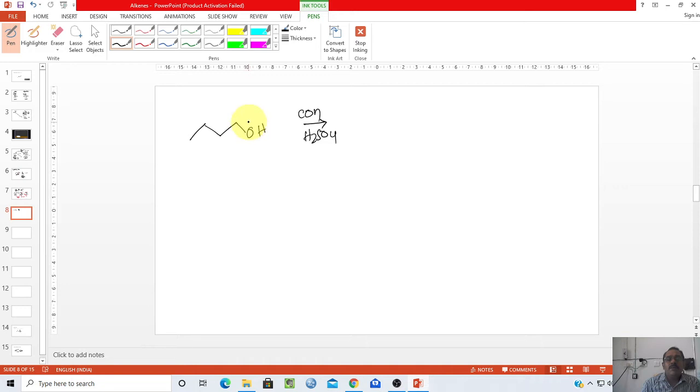So here H will take another color. So OH will be removed, and here one hydrogen atom is there, and that will be removed as water. Both will be removed, and what you have here is a butene. Okay. So let us have a little bit of a twist here.